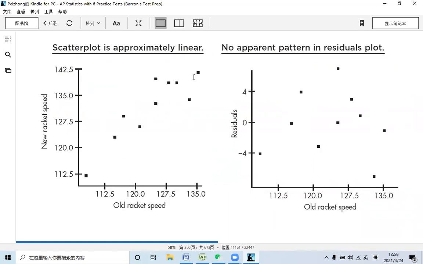So you have a scatter plot here. You do see a straight line. Strong linear correlation. Residue: no apparent pattern. When you have no apparent pattern, do you have a linear correlation or not?